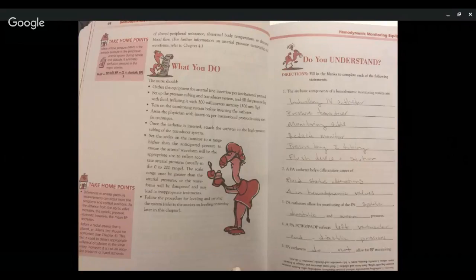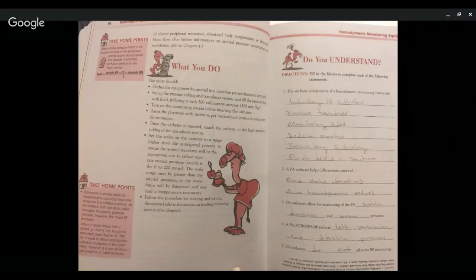Turn on the monitoring system for inserting the catheter. Position the patient with insertion per institutional protocols using sterile technique. Once the catheter is inserted, attach the catheter to the high-pressure tubing of the transducer system.